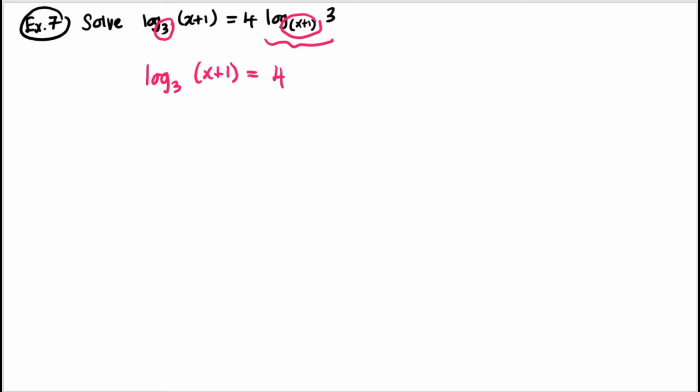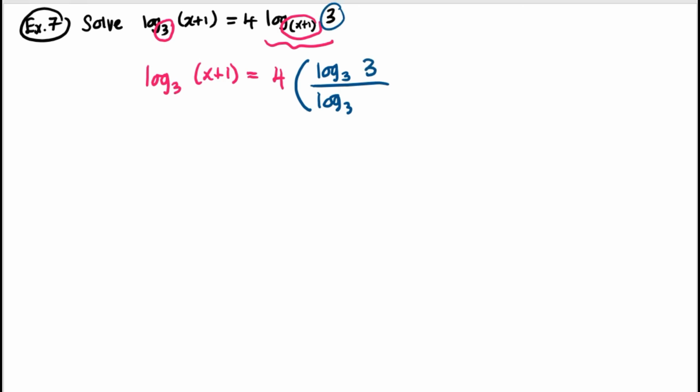I want to change the log for this one, so it gives log base 3 divided by log base 3, so you write 3 at the top here, and at the bottom should be x plus 1, so x plus 1 in the bracket.